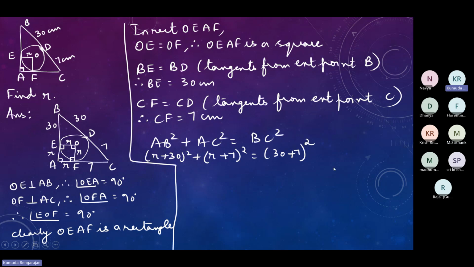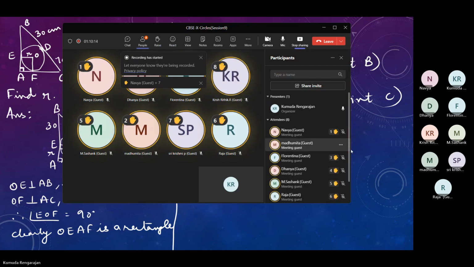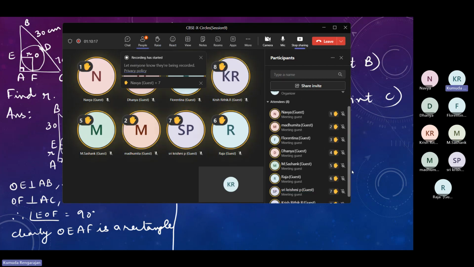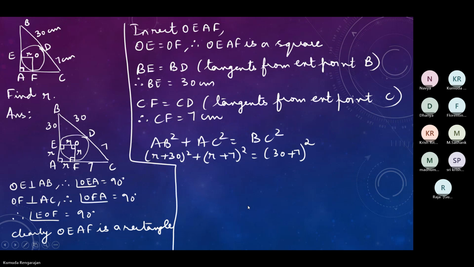Okay, children, use the emoji, raise your hand. Abhya, Madhumita, Florentina, Danya, Sashank, Raja, Krishmi, and Krishrutik. Very nice. Do you want me to work this or we'll see the answer tomorrow, children? Would you like to complete it yourself? Ma'am, we'll see the answer. We'll see the answer now? Yes, ma'am. Okay, let me do it.